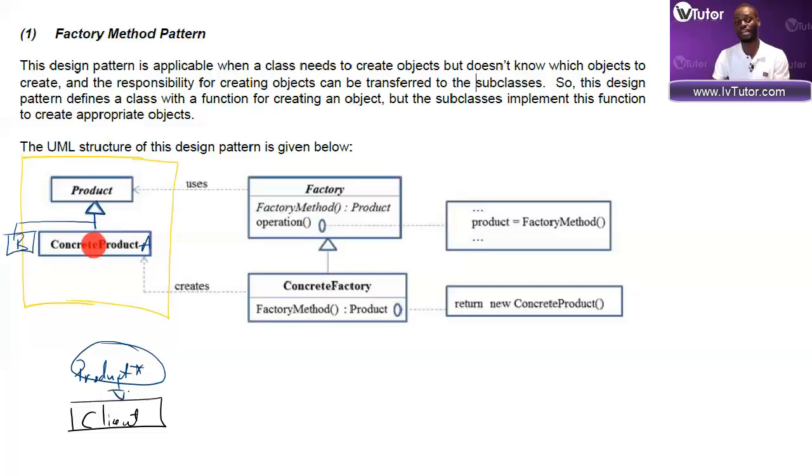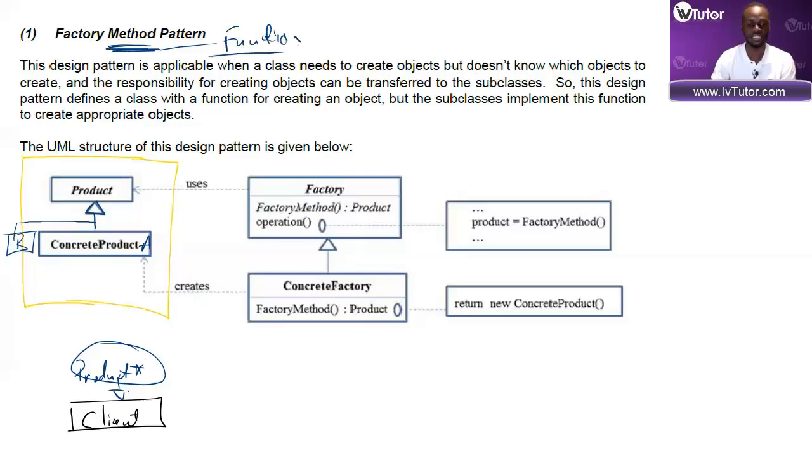Now, how do you achieve that? To do this, you introduce another class that is responsible for creating instances of type product. And this is then your factory. So in other words, your factory is responsible for manufacturing instances of type product or whatever classes you have here, right? So factory method, the name method is coming from the fact that we've got a method, and we could replace method with function, right?